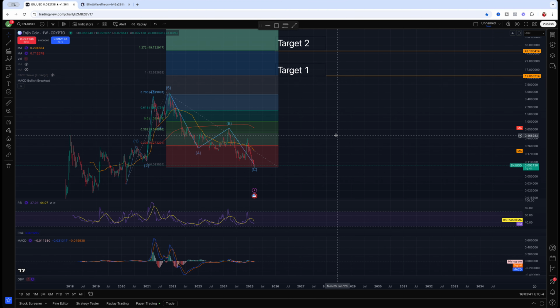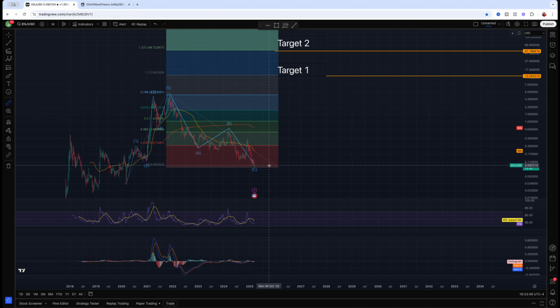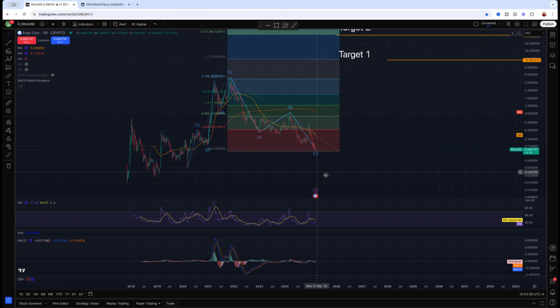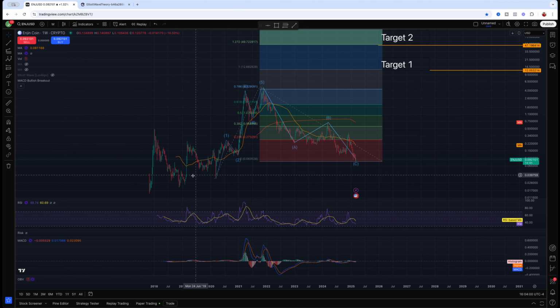And if you're looking at the price right now, we're looking at about 9 cents, less than 10 cents for each Engin coin. And if we went from the bottom all the way up to this first target, we're looking at 130x. And you think, well, 130x is a lot. Yes, it is.